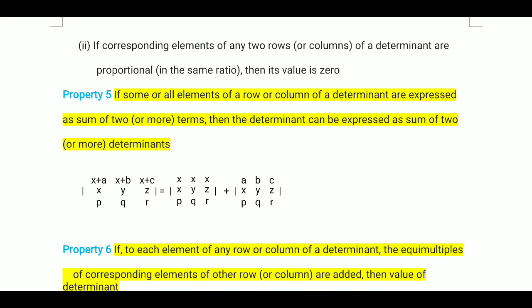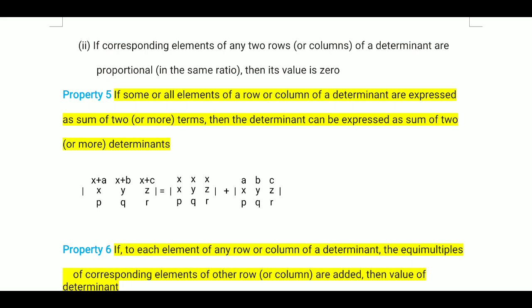Property number 5: if some or all elements of a row or column of a determinant are expressed as a sum of two or more terms, then the determinant can be expressed as the sum of two or more determinants. Here I am taking a determinant containing R1 elements x plus a, x plus b, x plus c, and x, y, z in the second row and p, q, r in the third row.